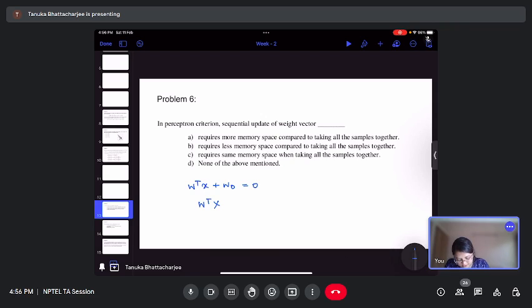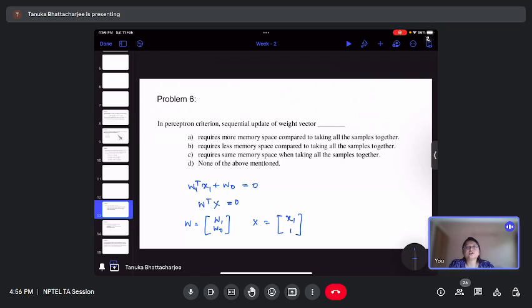Let me write this as W1, let's say. So now your W is basically W1 W0, and your X is basically X1 1. This is what we call the augmented feature vector. So you have W transpose X equal to 0, that is your decision surface.